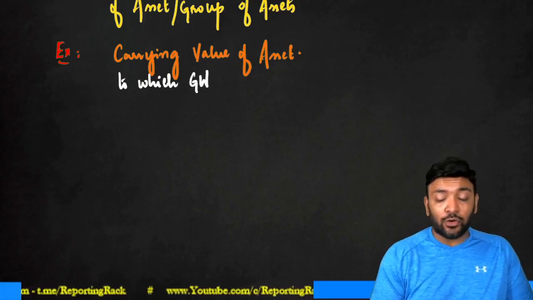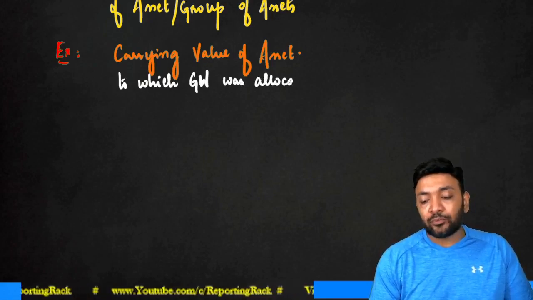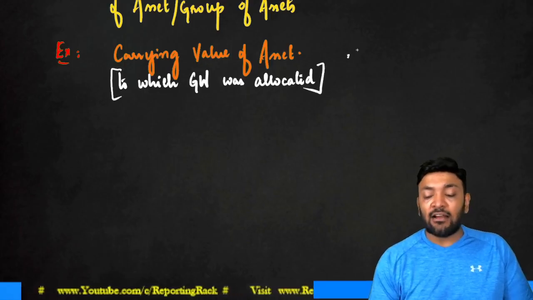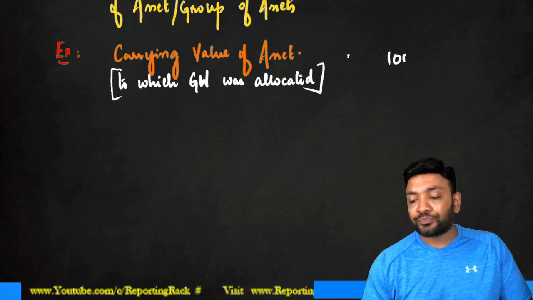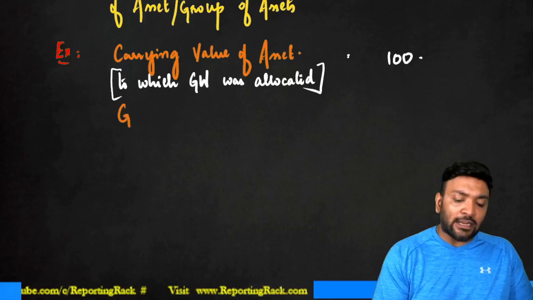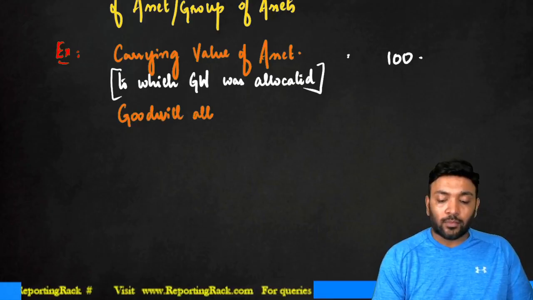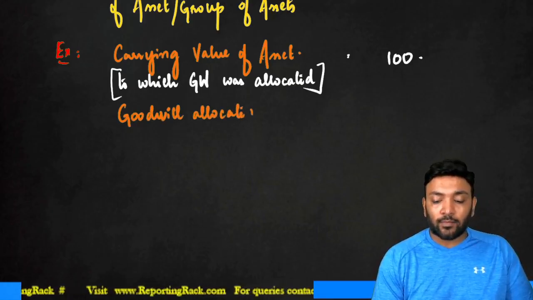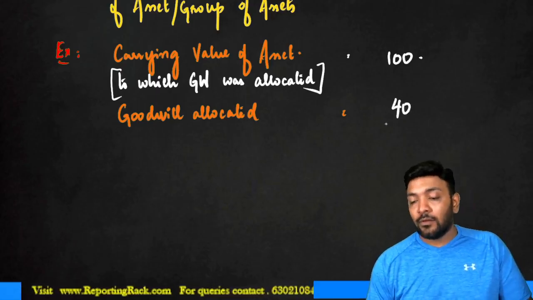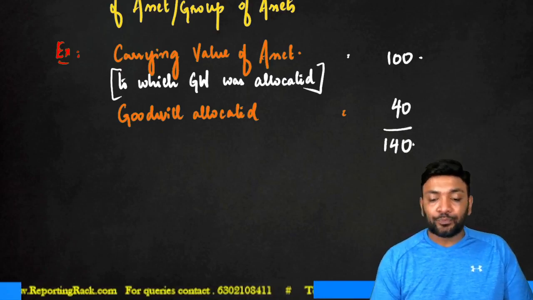I'm writing it as GW, goodwill was allocated. Let's say this asset had a carrying value of 100. The amount of goodwill allocated to this asset, let's say, was about 40. Therefore, the total carrying value including goodwill is 140.